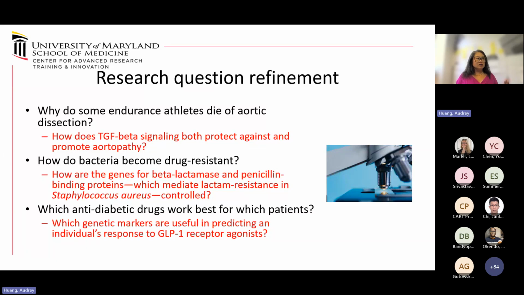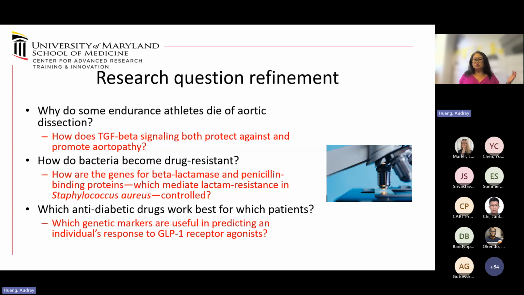But there are conflicting data out there as far as TGF beta signaling. So how is it that TGF beta signaling is both good for and bad for aortic health? How does it protect against and promote aortopathy? We don't know this.